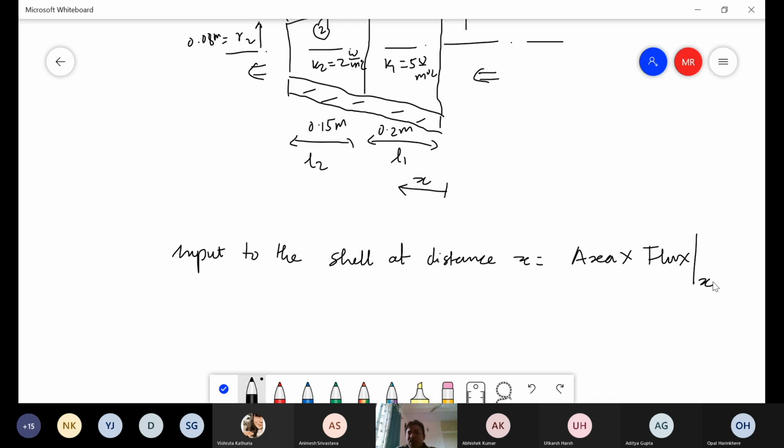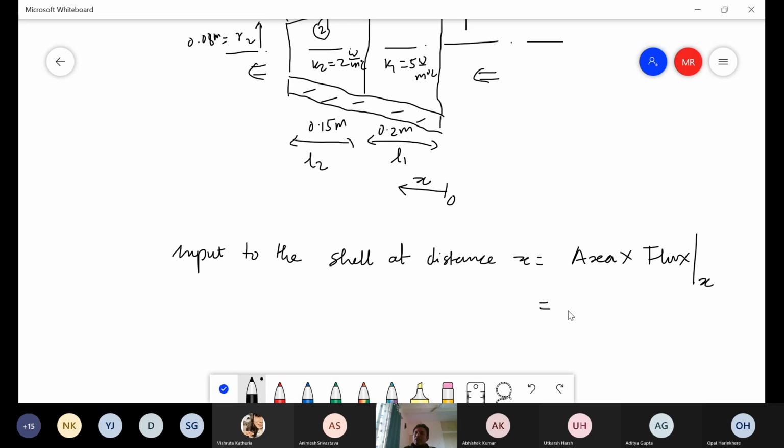Correct. So input to the shell is going to be area into flux at the location X. Suppose a particular location X from the right hand side. Remember this is 0 and we are moving along this direction, toward the left hand side. Consider any location X at which we want to put a shell, and there we have to find the area into flux.